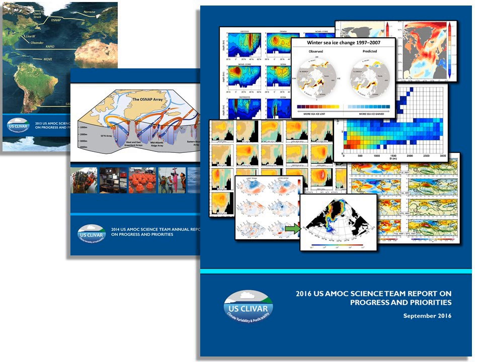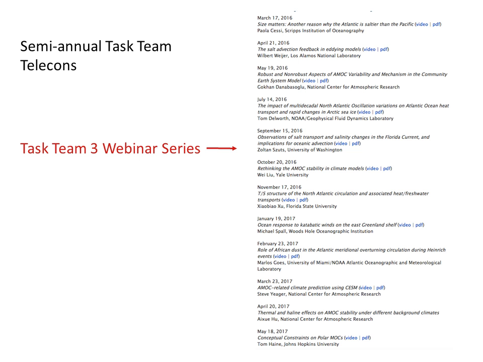These have been really useful, not just for the PIs, but also for program managers funding these AMOC activities to see progress, and these also identify near-term and long-term gaps so they can decide how to proceed and fund certain projects. Another avenue for communication for us is semi-annual, roughly, task team telecons.